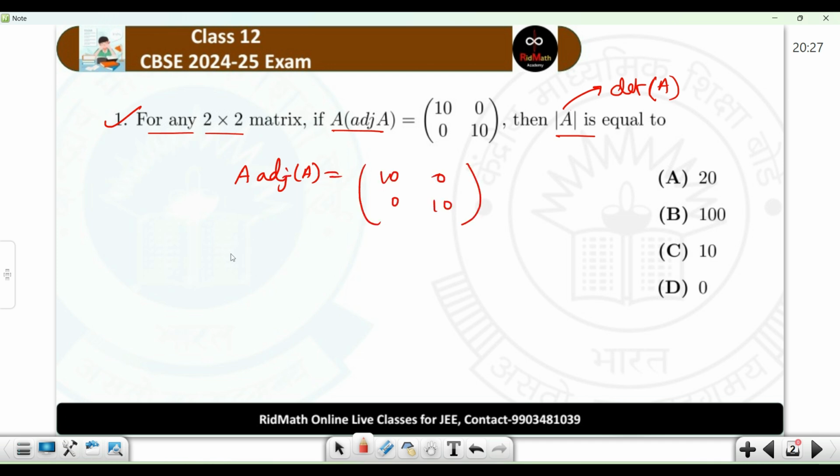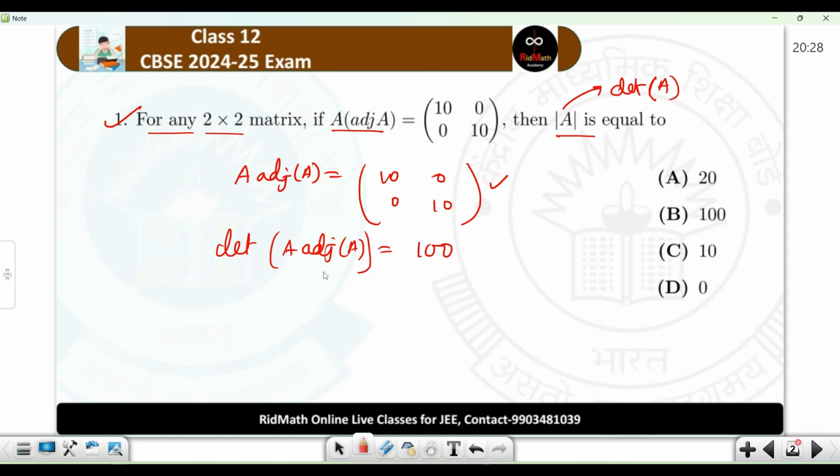Taking determinant both sides, det of A multiplied by adjoint of A is equal to det of this matrix, so this is 100.